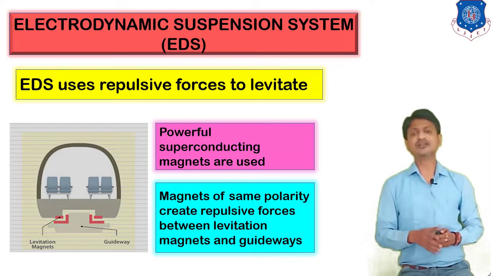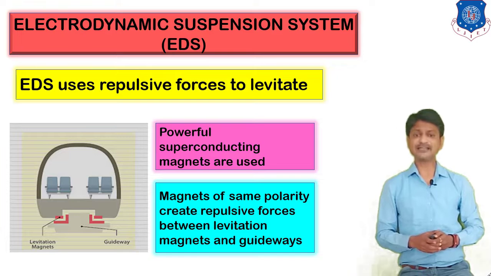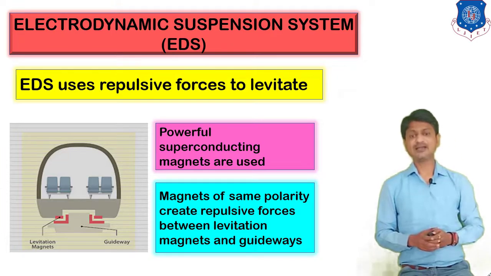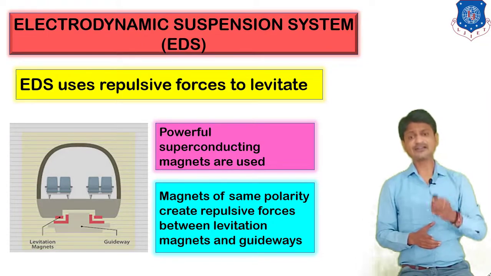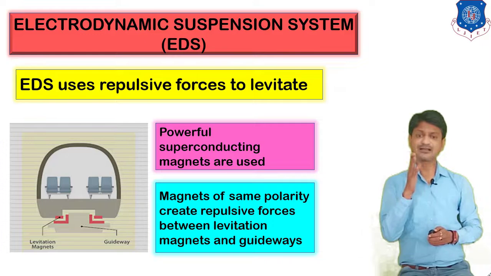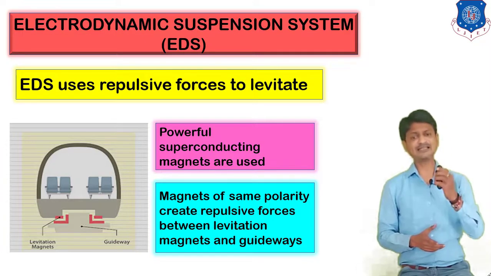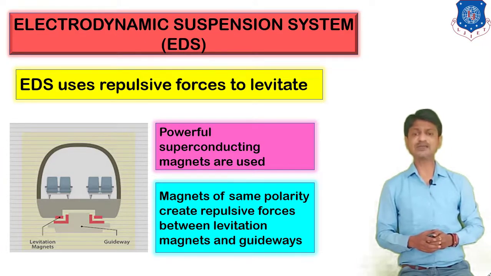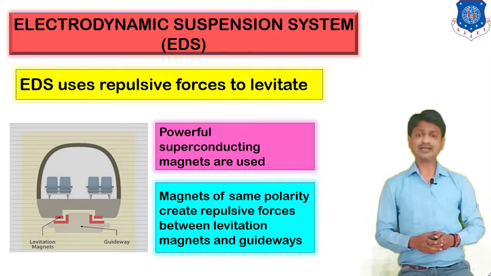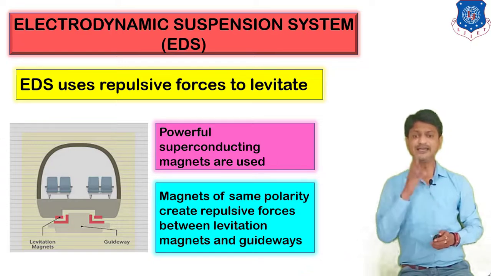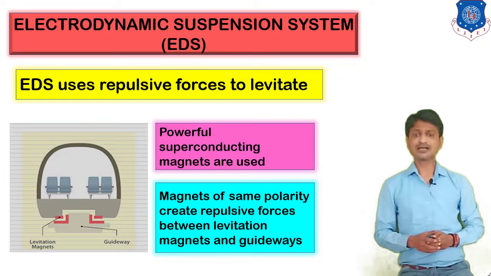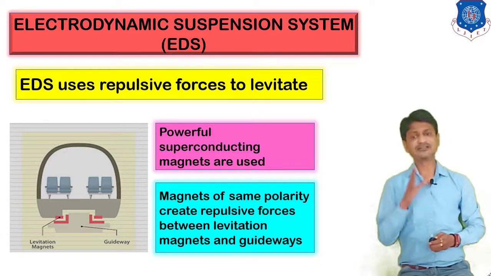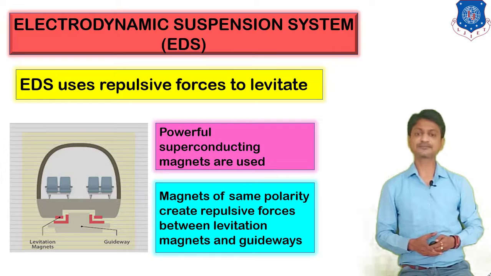If the levitation magnets have north pole, the magnets on guide wheels also have north pole. It means that same polarity magnets create repulsive force, and if that repulsive force overcomes the gravitational force, then it easily levitates the train on the track.